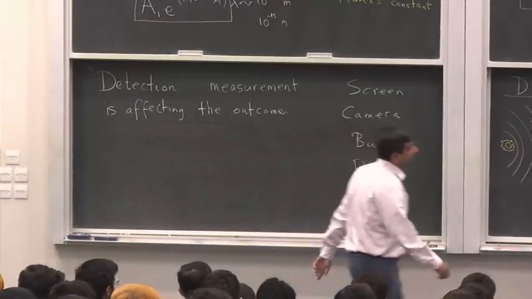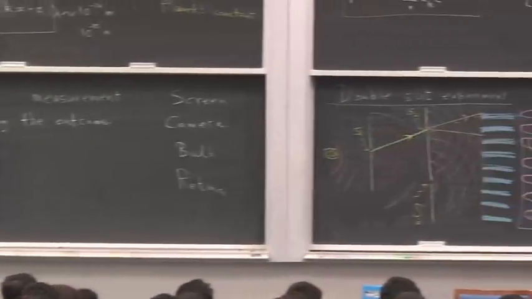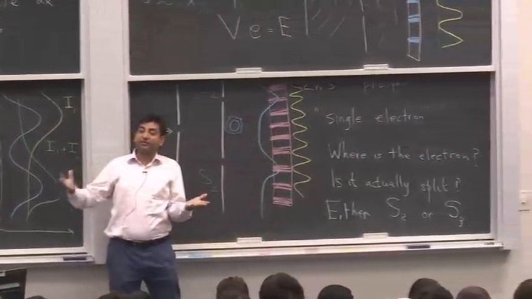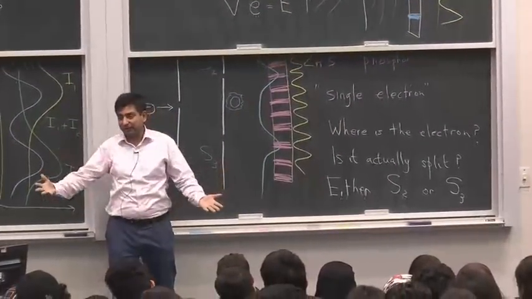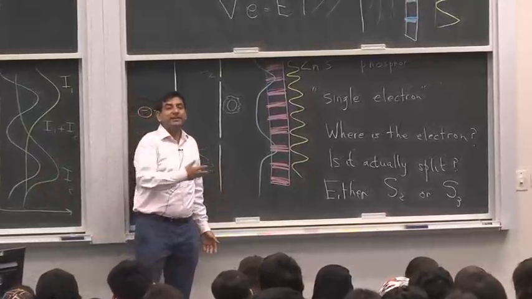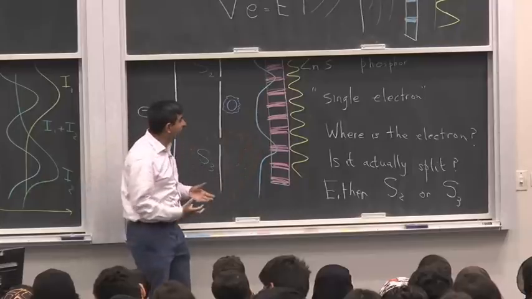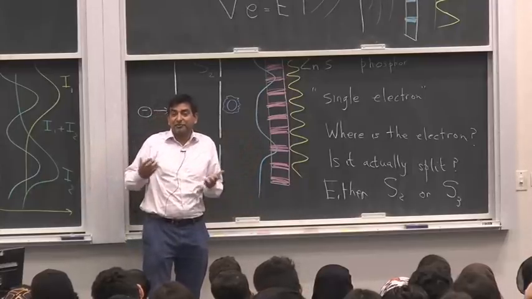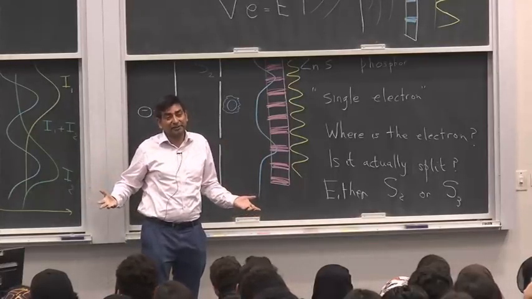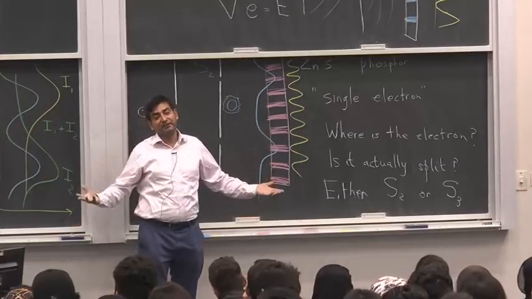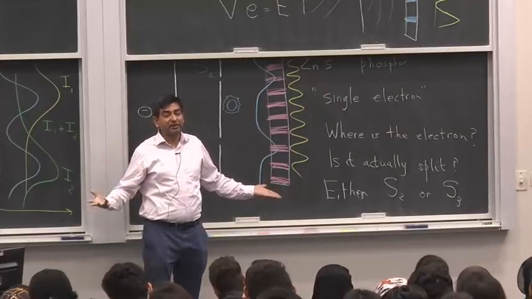In this experiment, if you perform the observation upon the screen, you'll get one outcome. If you included the experiment and tried to pry open the black box and find out which path the electron is taking, trying to be clever, then the experiment changes altogether. And now the electron is not behaving like a wave, it's behaving like a particle.